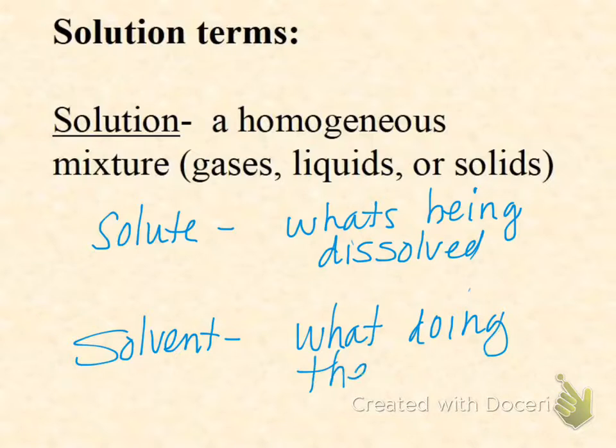Now, water is considered to be the universal solvent because so many different things dissolve in it. For instance, water is polar, so it will dissolve polar things, but it'll also dissolve ionic things. And we're going to talk about those interactions as we go through this.